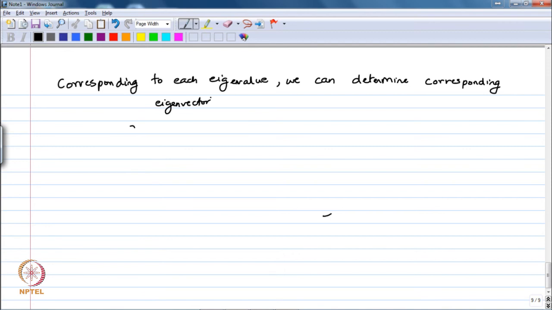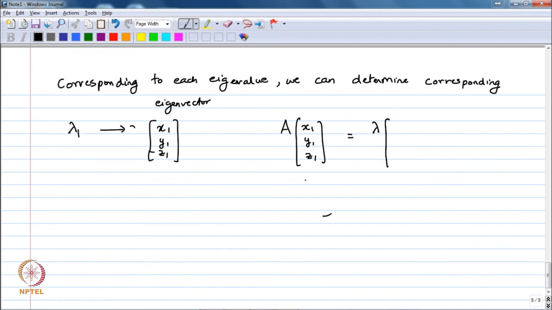For example, if you have lambda 1, we write the corresponding eigenvector as x 1 y 1 z 1. These are the components of the eigenvector. Then you have A times x 1 y 1 z 1 is equal to lambda times x 1 y 1 z 1.